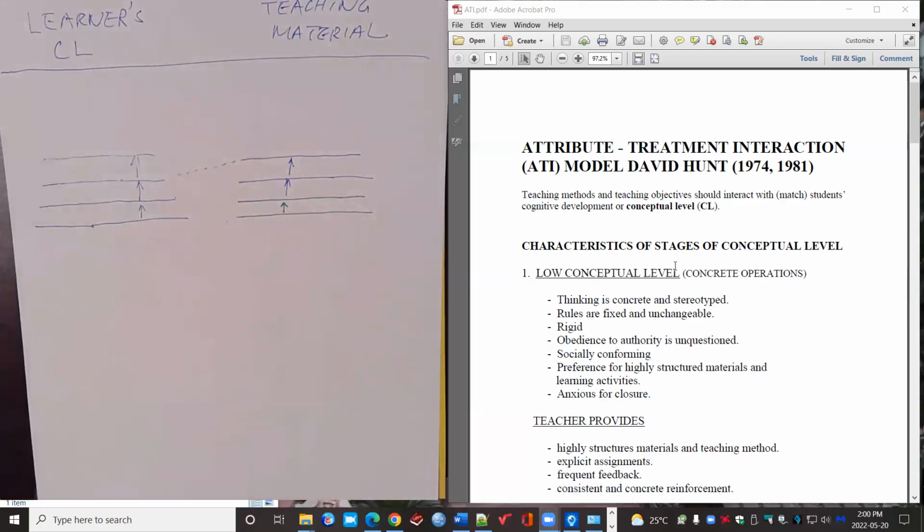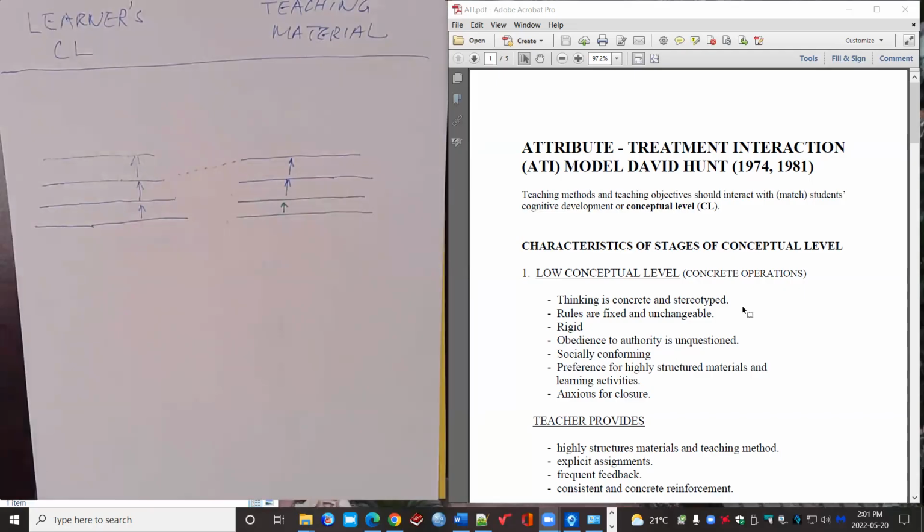All right. Take a look at the characteristics of the stages of conceptual level, CL. Low CL, mostly Piaget's concrete operational stage, while the students are still young. Remember 7 to 11, okay? At this stage, thinking is concrete and stereotyped.